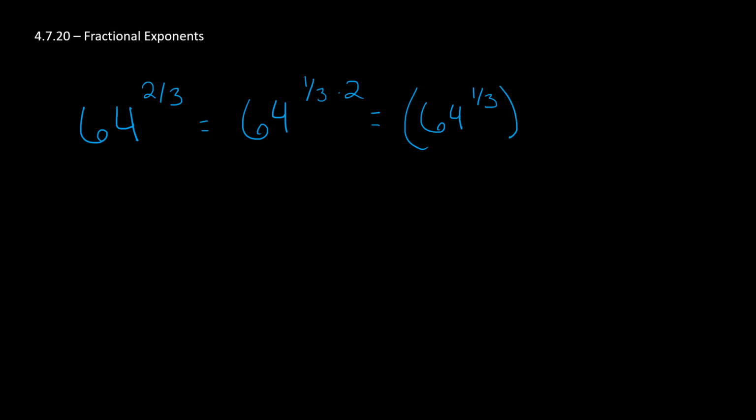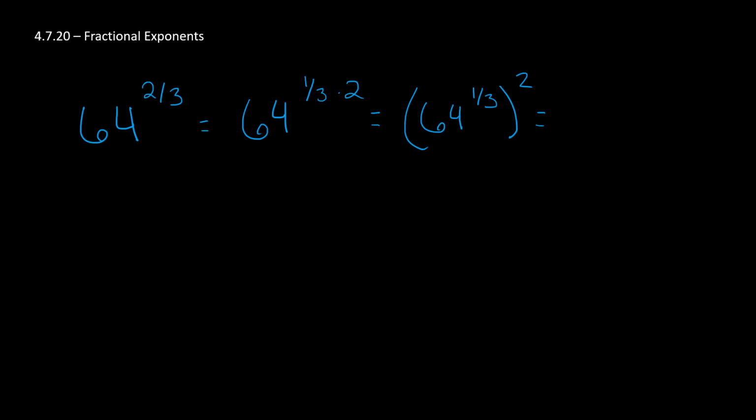Well, let's do one more example. Let's go ahead and do 64 to the 2/3. Well, we can break this down as 64 to the 1/3 times 2. Using the same rules as the last question, we would say that this would be 64 to the 1/3 squared.